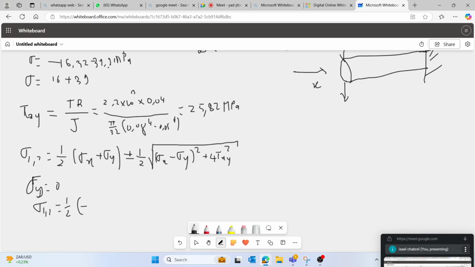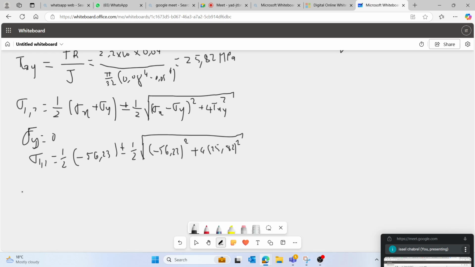Those two stresses, when you add them, are supposed to give minus 56.23, around there. Plus or minus half. Remember, rho y here is 0. So you basically have minus 56.23, plus 4 rho xy squared, which is 25.82 squared. But now you have to remember, you have rho x minus 1.